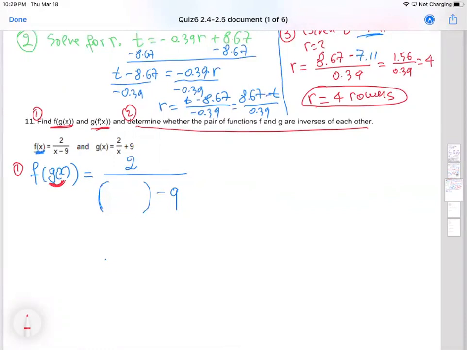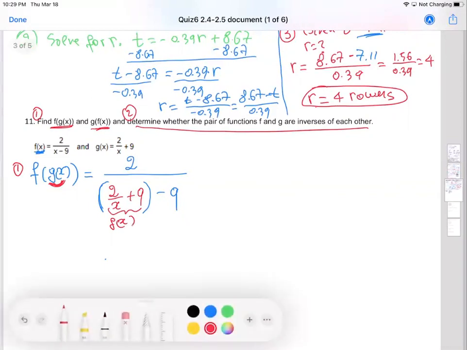So what is g of x? 2 over x plus 9. This is g of x. And let's simplify this.